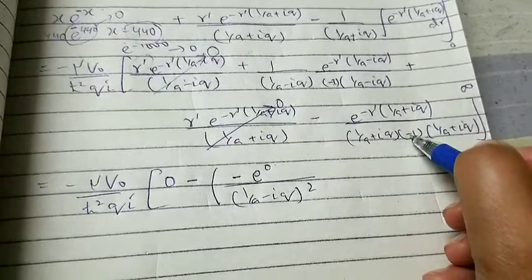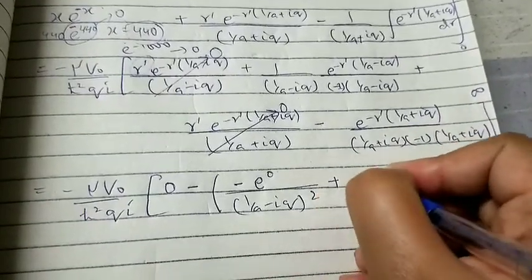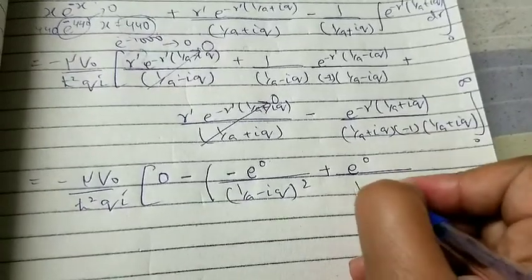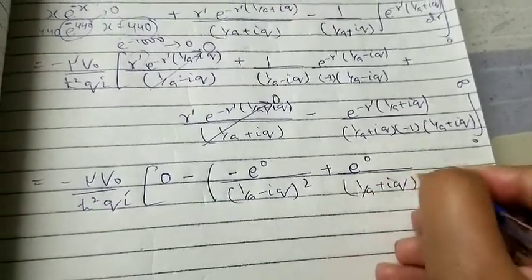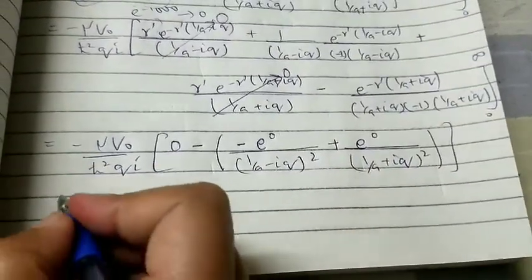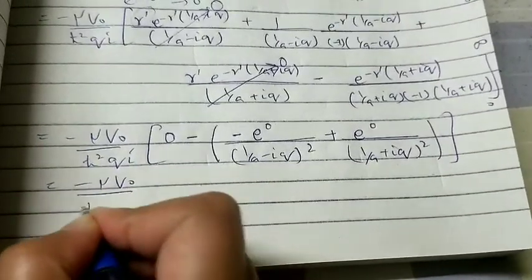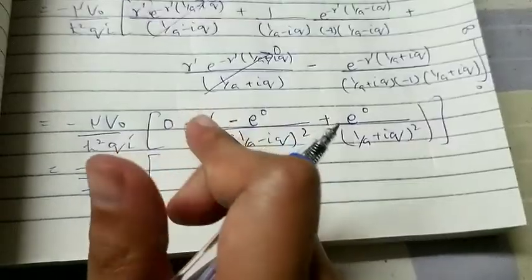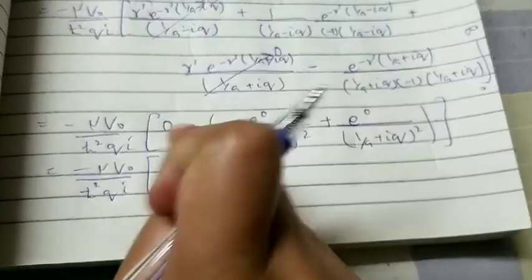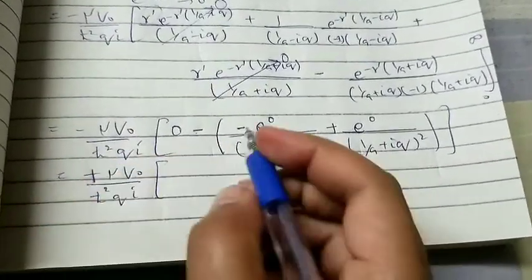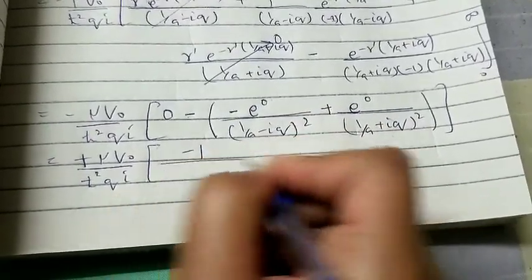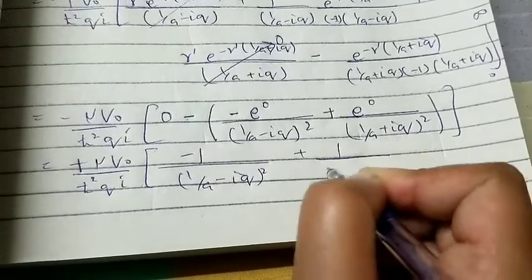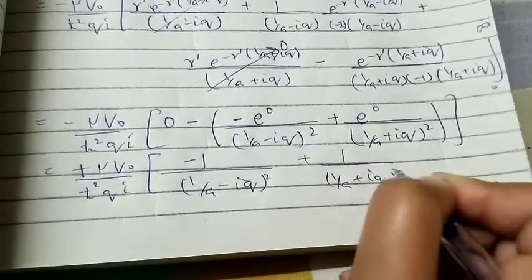This negative sign and this negative sign cancel out and become positive, and e to the power 0 for the lower limit, and 1 over a plus iota q whole square. Now this negative sign is common for both these quantities. When multiplied with this quantity, it becomes positive, and it is minus 1 over a minus iota q whole square, plus 1 over a plus iota q whole square.